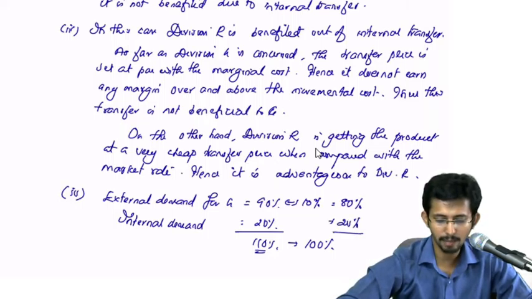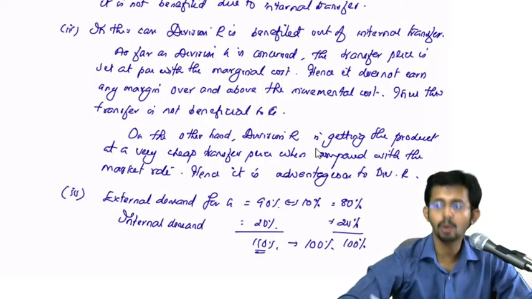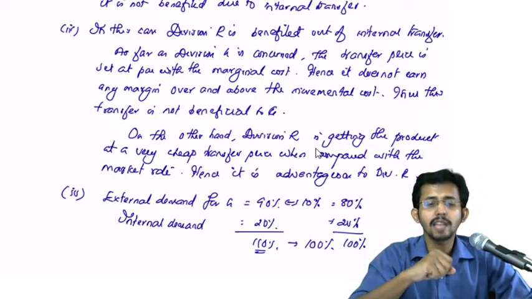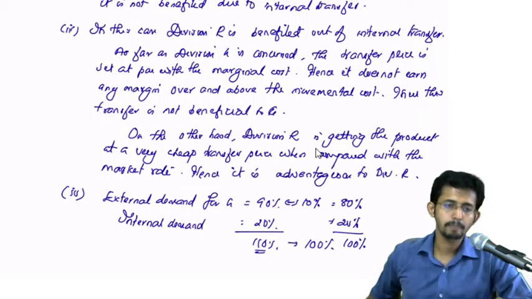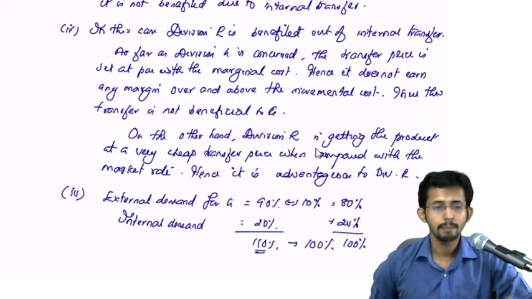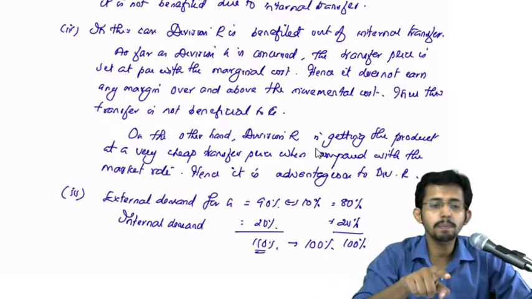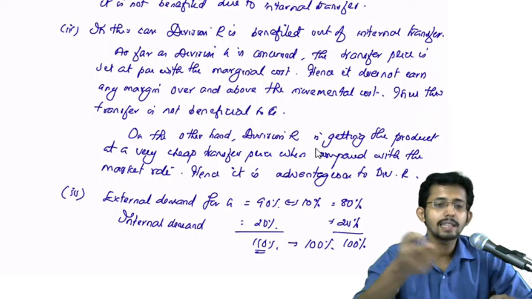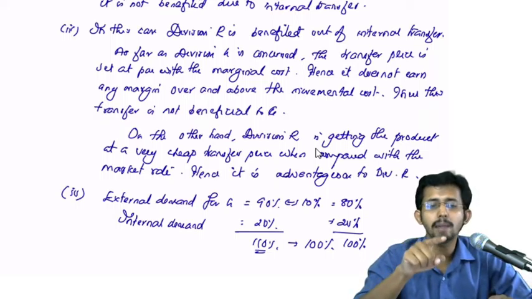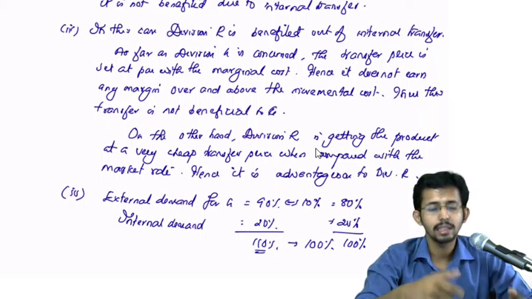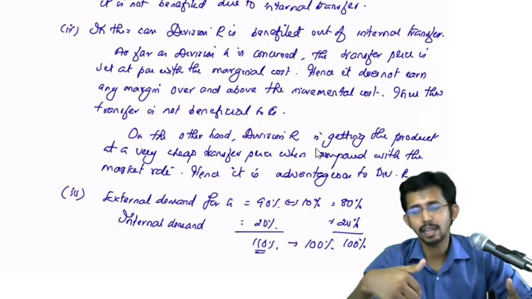Okay, external market share. So whenever there is loss of external market share, what will be the effect of that? There will be loss of contribution from that 10% of sales lost. But in this case, the transfer price is set at par with the market rate. So that 10% of external market demand lost is being compensated by what? It is compensated by the internal transfer.